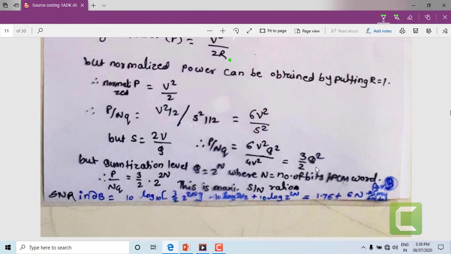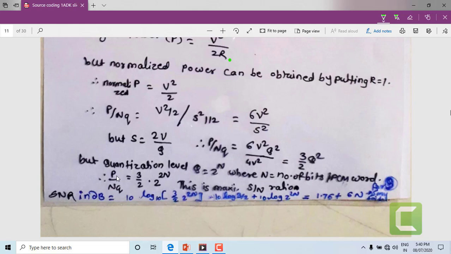Now this SNR we have obtained in terms of the number of quantization levels, but we are interested to find the value of SNR in terms of the number of bits used per word representation, that is in n form. So we are substituting the relationship for Q as 2 raised to n, but it is already Q square, so it will be 2 raised to 2n for this substitution.